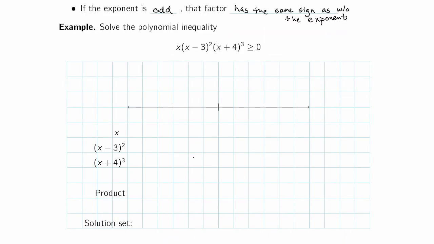So our first step is finding the cutoff points by setting each factor equal to 0. X equals 0, well, that's x equals 0. X minus 3 equals 0, that means x equals 3.